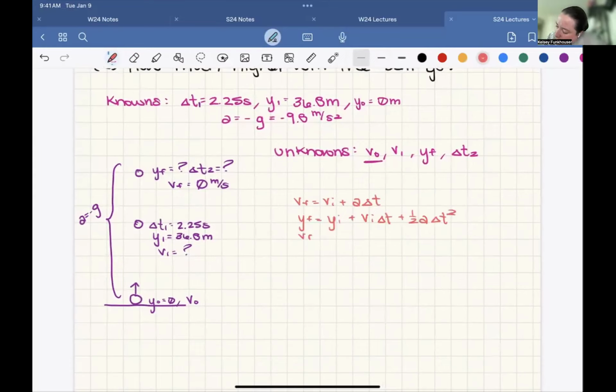And finally, V final squared equals V initial squared plus 2A delta Y. So for this first part, we're looking for V naught.